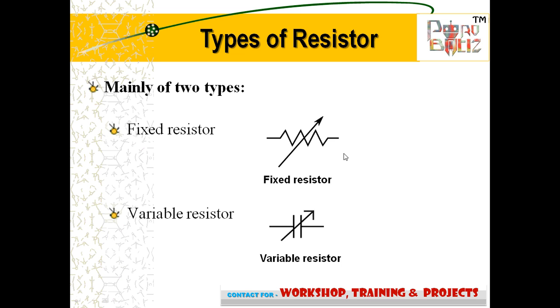Types of resistor. It is mainly of two types: fixed resistor and variable resistor. In a fixed resistor, the resistance value is always fixed, and in a variable resistor the value varies.